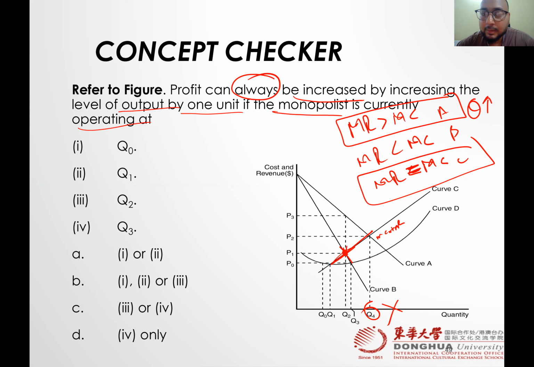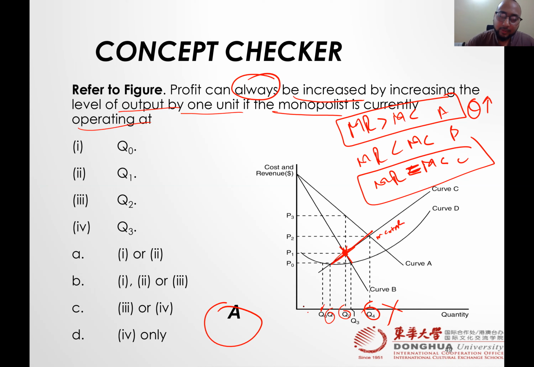It means if we are at Q0 and we always increase from Q1 to Q2, our profit is going to be increasing. So which one is true? Guys, A. Well done.